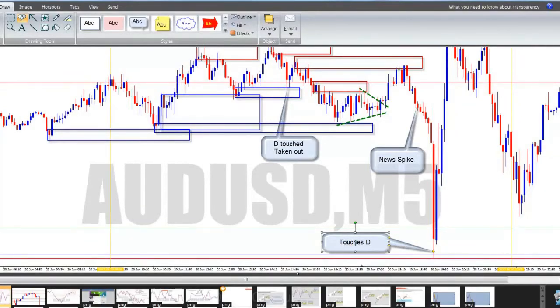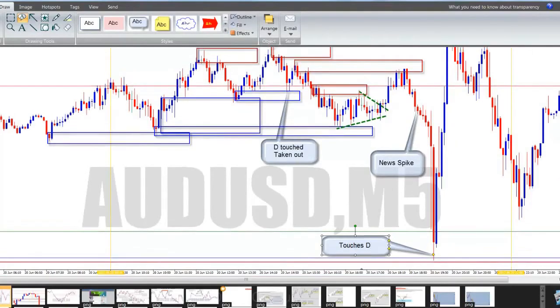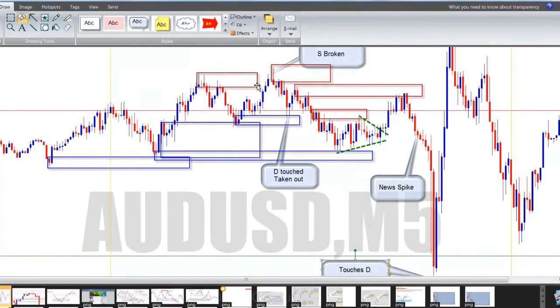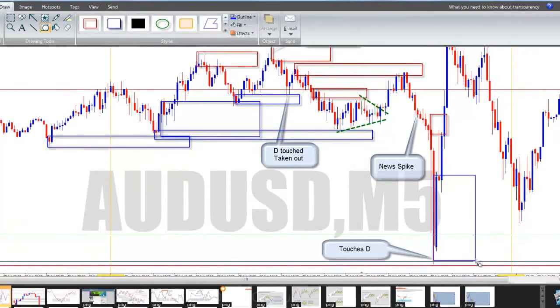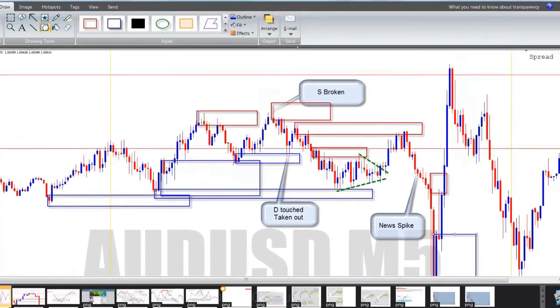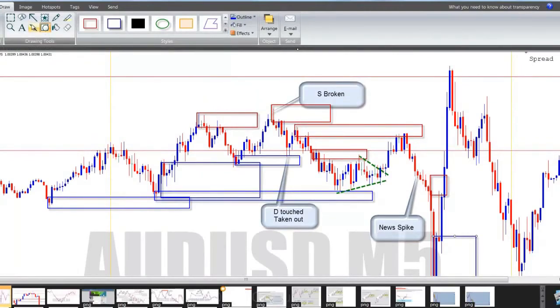Touches demand nicely. Rejects back up. It hits supply here. Straight back into demand here, through this compression which is here.